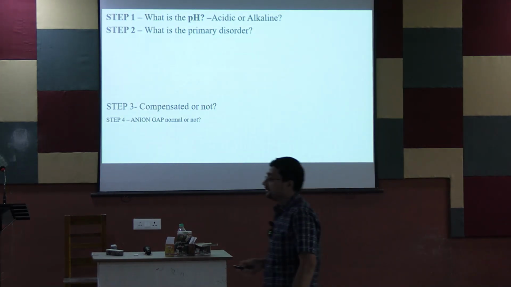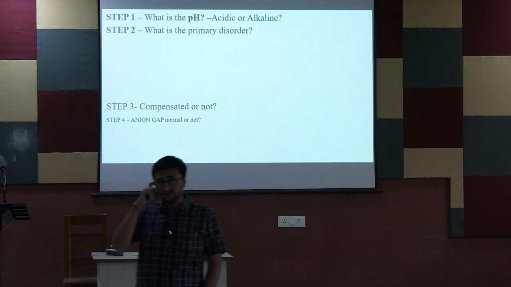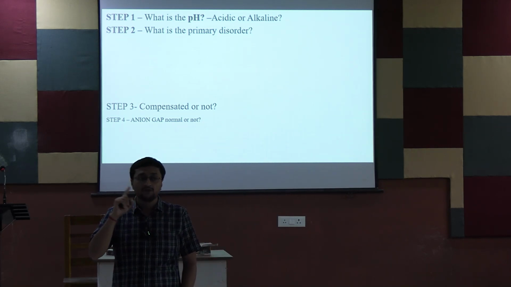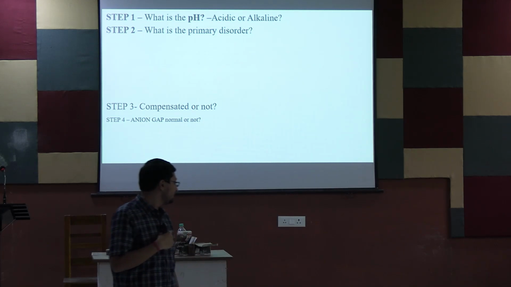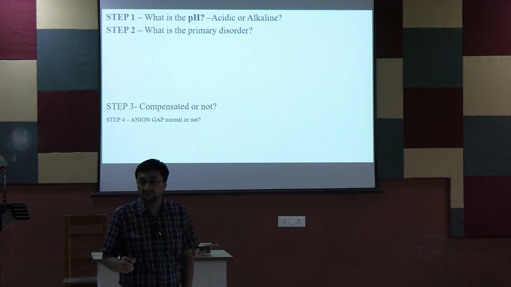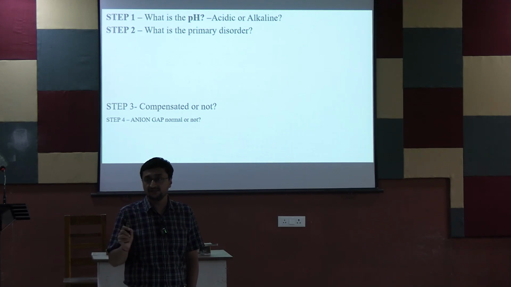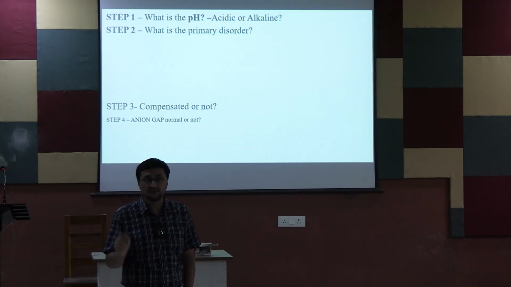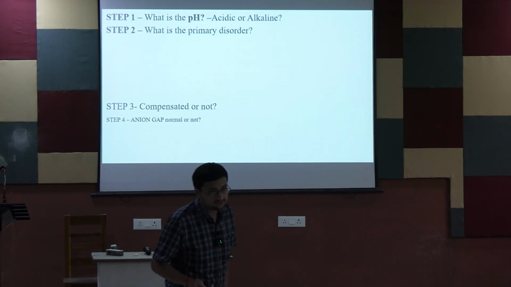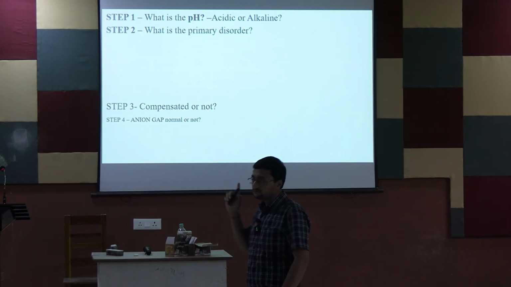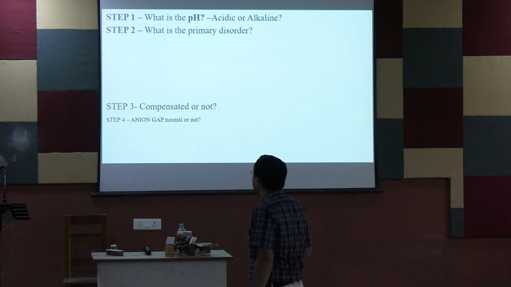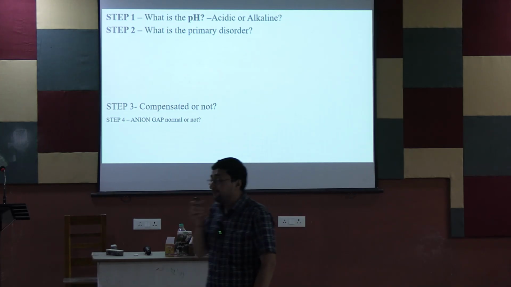Now regarding the estimation of ABG, first one, look at the pH, whether this is acidosis or alkalosis. If the pH is less than 7.35, definitely this is a case of acidosis. More than 7.45, this is a case of alkalosis. So first look at the pH. Next one, look at the primary disorder.